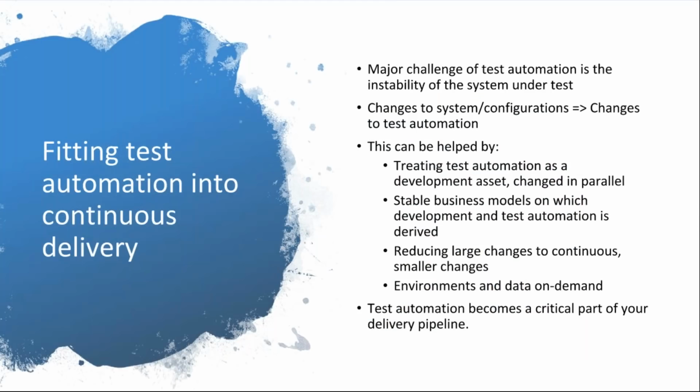So one of our challenges with test automation is this notion of instability within the system under test. In a continuous delivery regime or environment, there are constant changes to the software. If we don't talk to developers constantly, we're going to miss these changes and miss the background to why these changes occur.